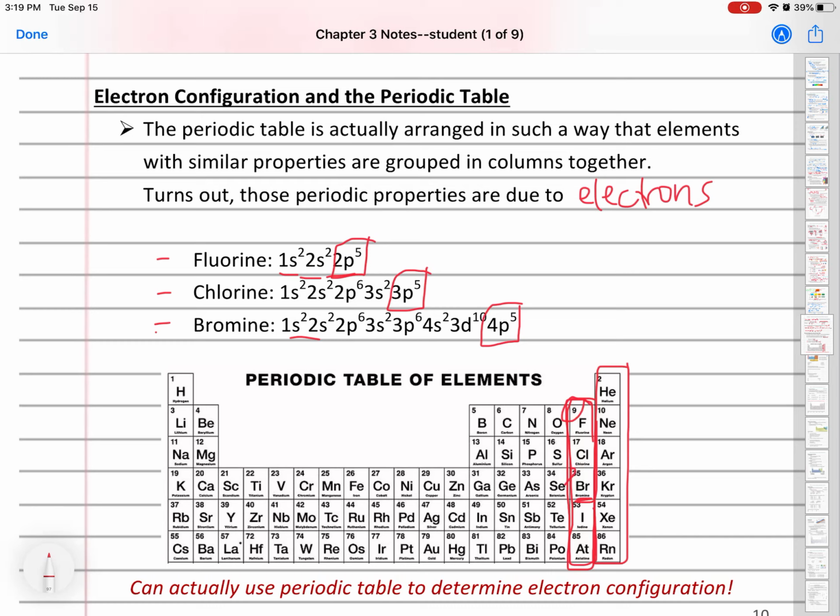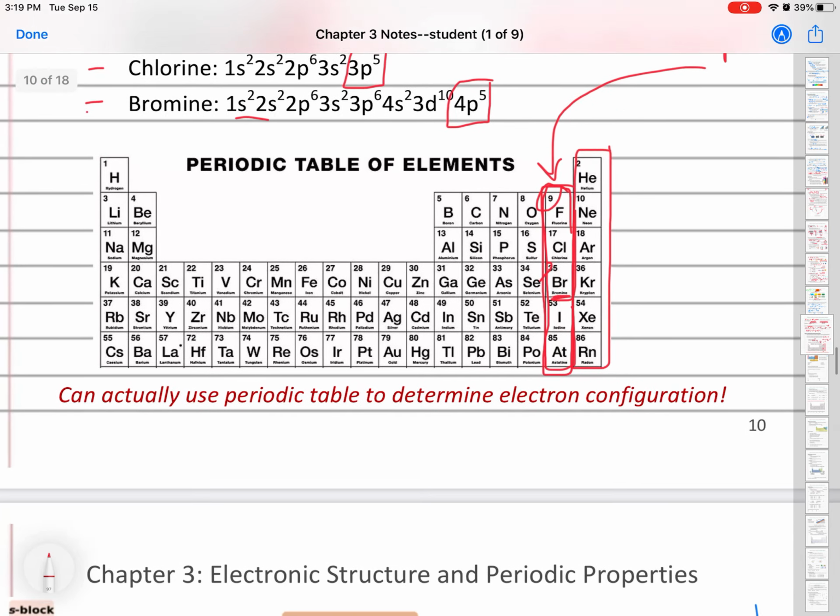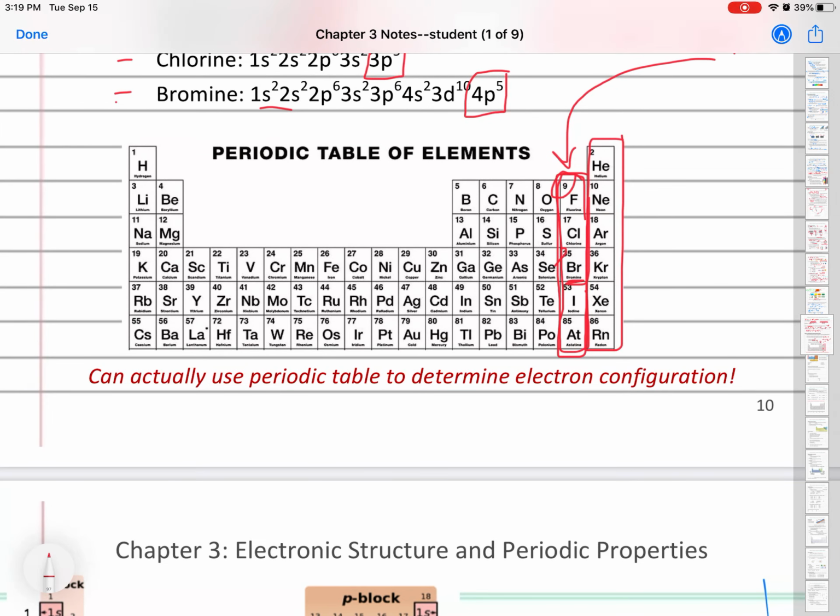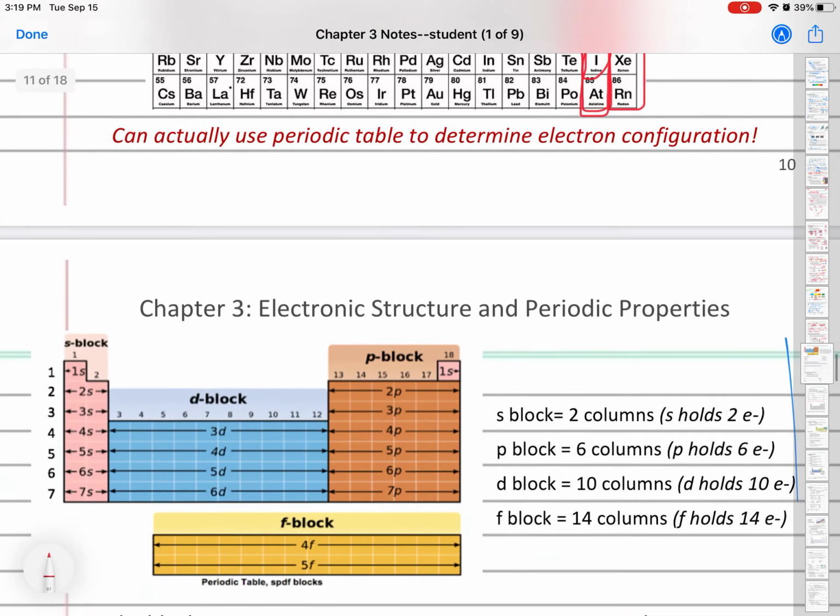They all end in p5, and they're all in the same column of the periodic table. So I could ask, what is the ending of iodine? And you would say p5, because everything in this column ends in the same thing.